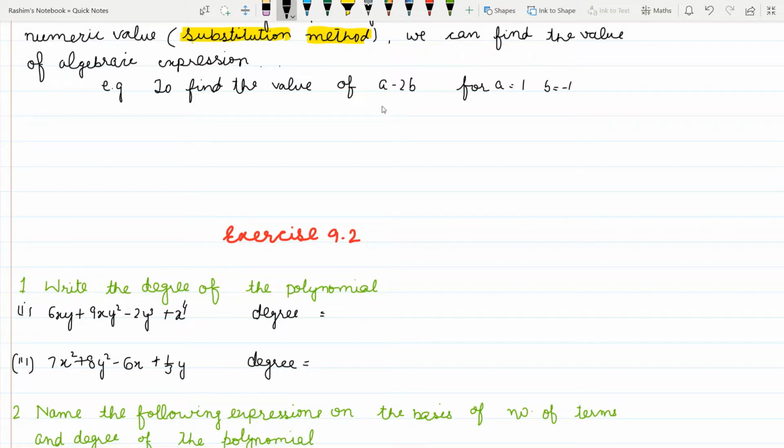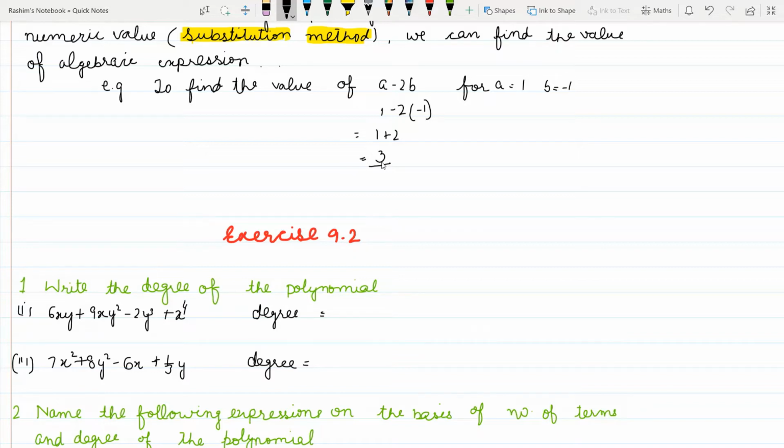So when we put a as 1, and in place of b I put its value minus 1, we get 1 minus 2 times minus 1, which is plus 2. So 1 plus 2 is equal to 3. So this is the value of the expression, 3. Right? This way we will do the questions.